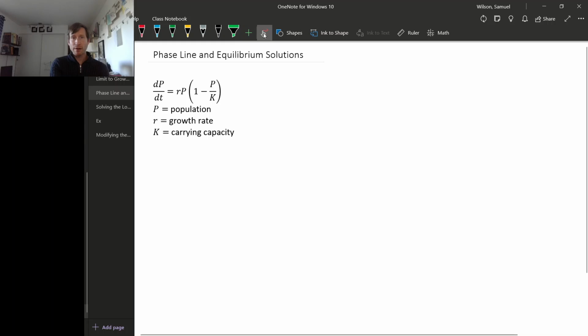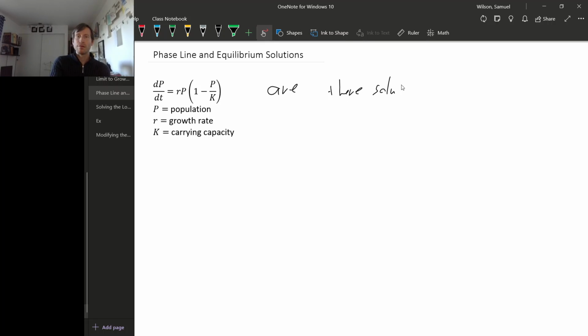So here's our logistic equation, and what we could ask is, are there solutions that don't change? In other words, solutions that just sit at a certain population value and never grow and never shrink.